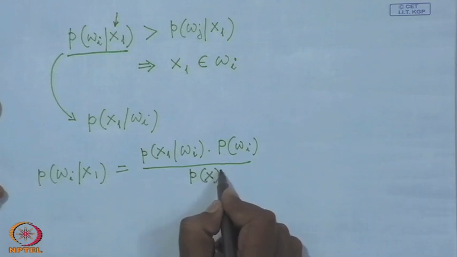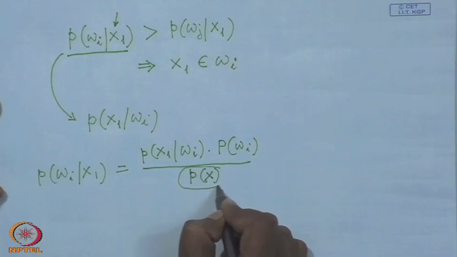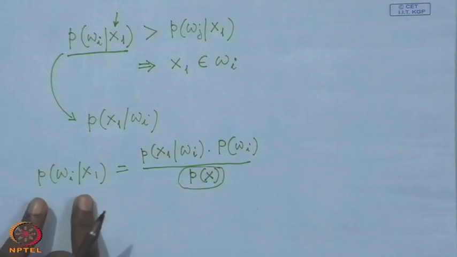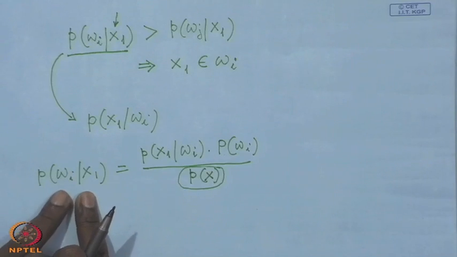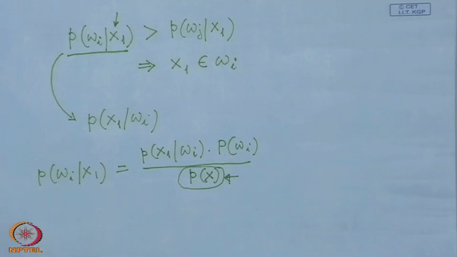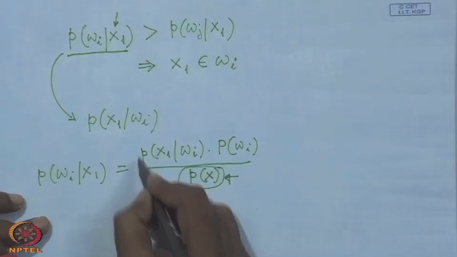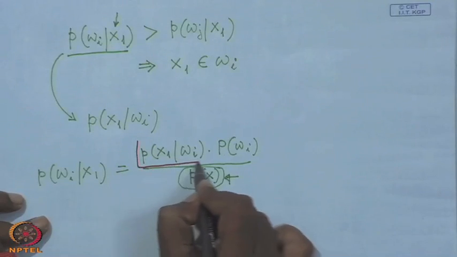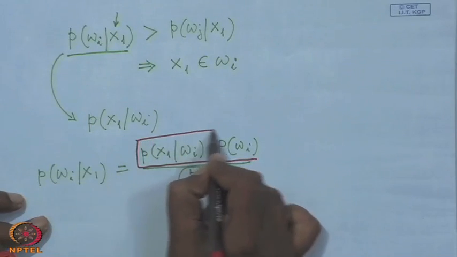And as we said, P of x appears in the denominator of all such expressions for different values of i or for different classes omega i. So, this P of x does not contribute anything to our decision, because it is the same for all the classes. So, what I really have to compute is P of x 1 given omega i into P of omega i.